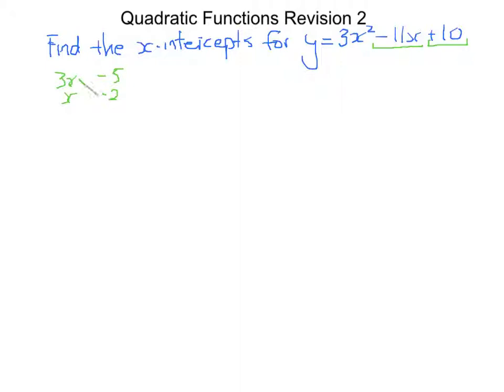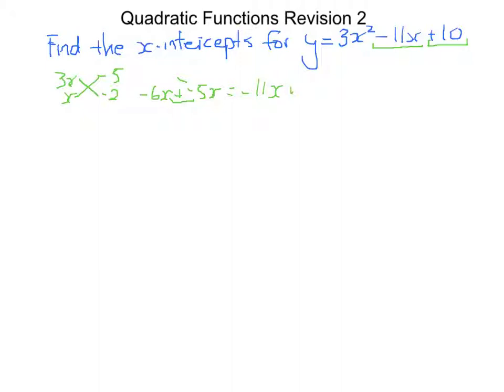Multiply through. 3x times negative 2 is negative 6x, plus negative 5 by x is negative 5x. And those two signs together will be a takeaway, so negative 6x take away 5x is negative 11x, which is what we're after.